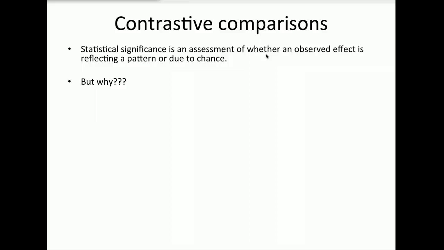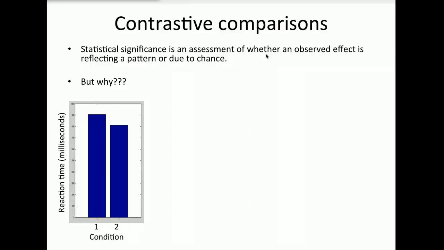And why is it that we need to test this kind of thing? Why is it that we need particular tools to see if there's a difference? Now, here we have a situation in which we may have collected, again, some reaction time measurements in two conditions.